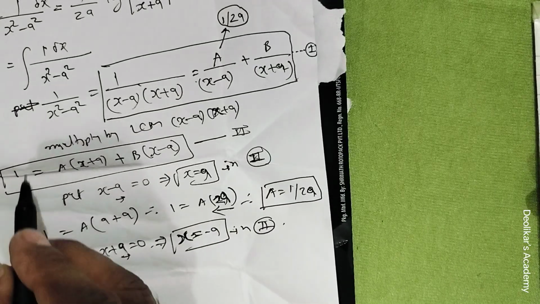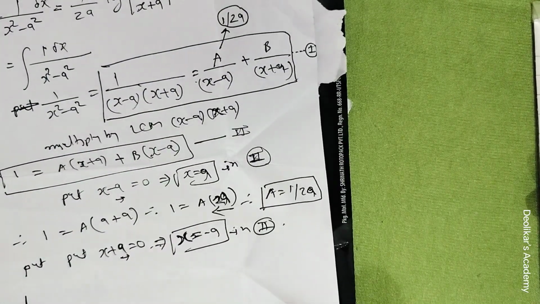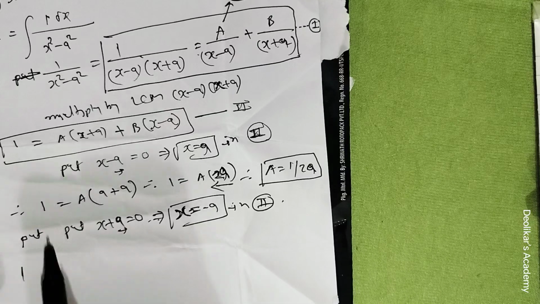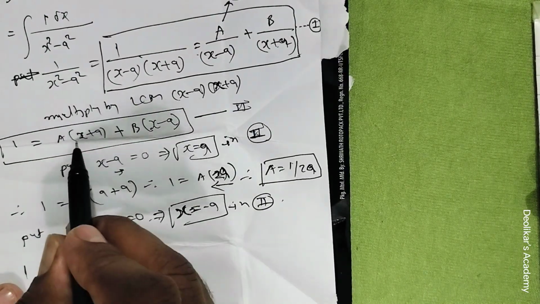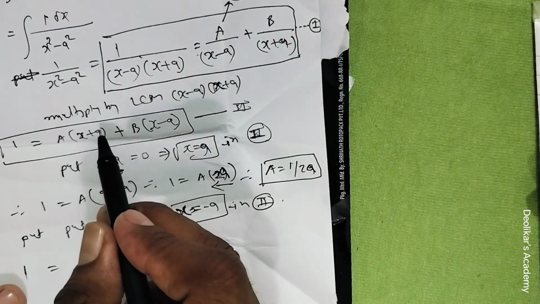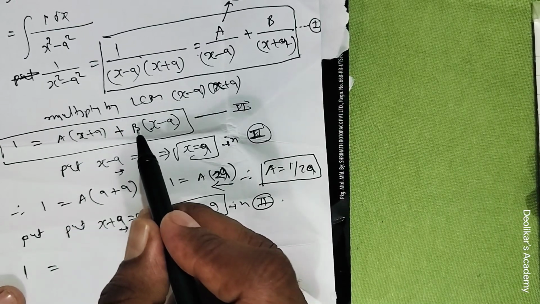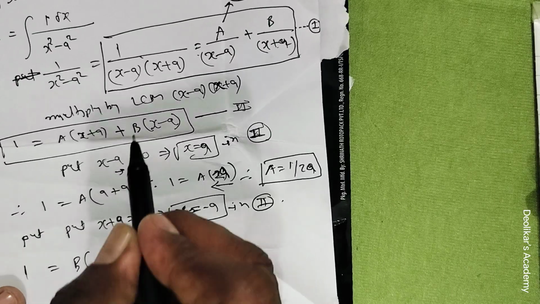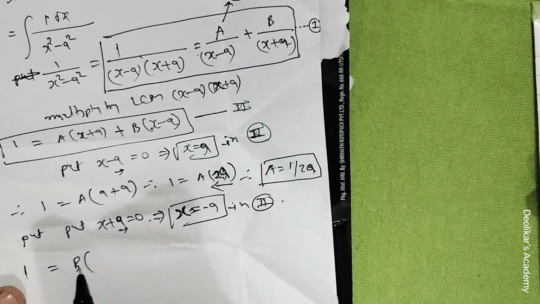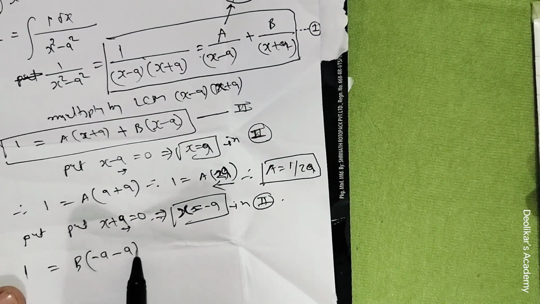Now see, this one as it is, then this is equal to, x plus a itself is 0, so don't write this term. B into (x minus a). x is minus a, so minus a minus a.